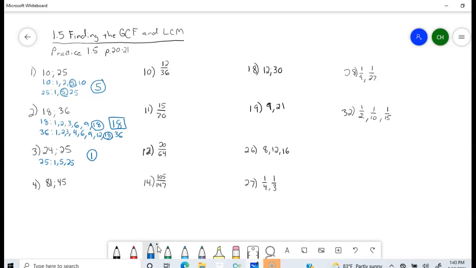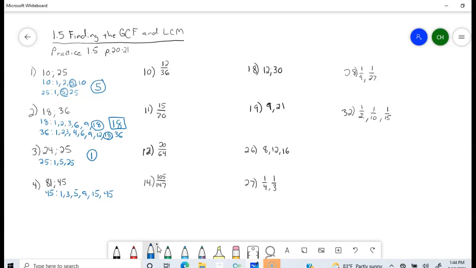81 and 45. 1, 3, 5, 9, 15, 45. Now I don't have anything I'm looking at to come up with those. I've just really practiced my multiplication tables.